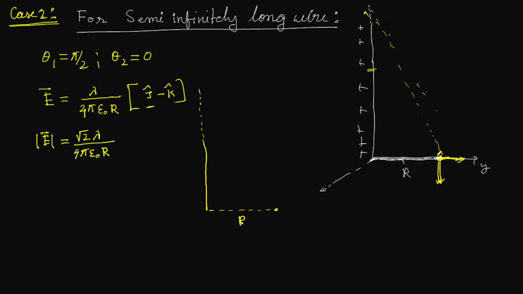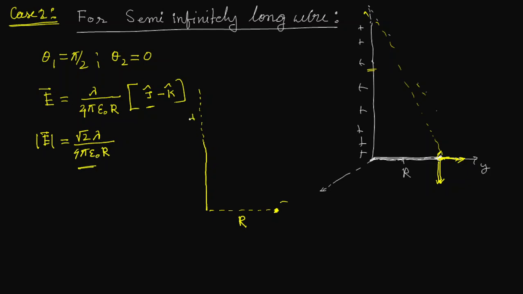So that means for this type of situation, when we have a semi-infinitely long wire and we are interested to calculate electric field at this point, the magnitude of electric field will be this much, root 2 lambda divided by 4 pi epsilon r.